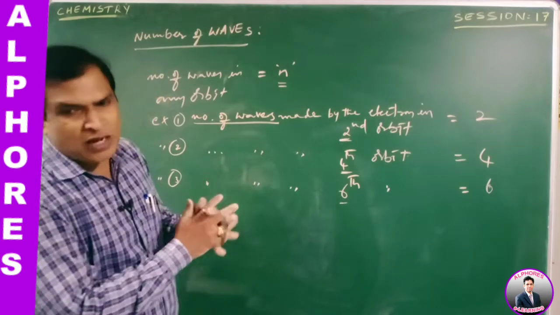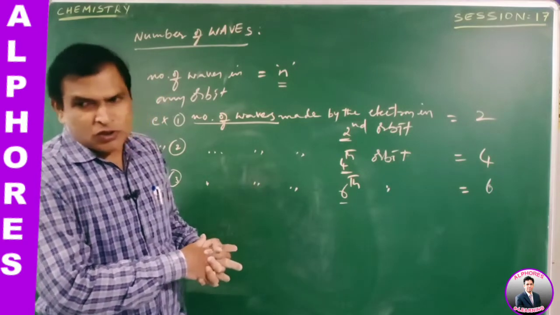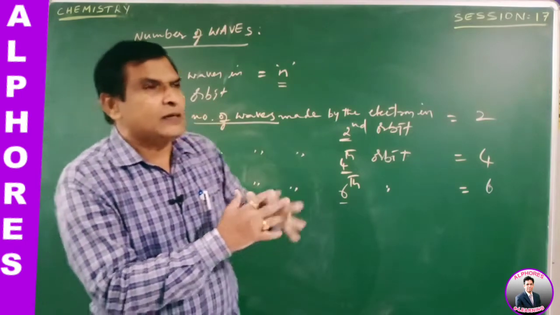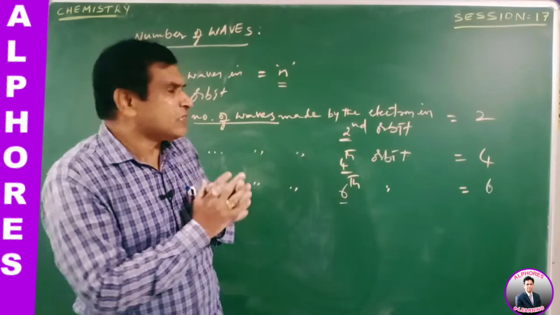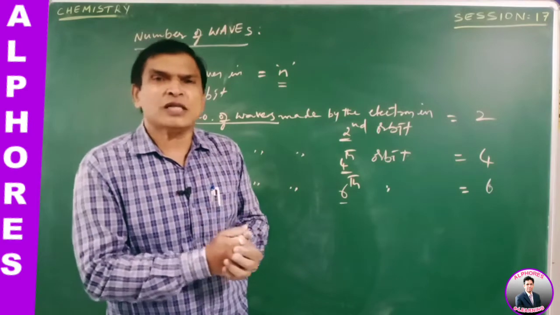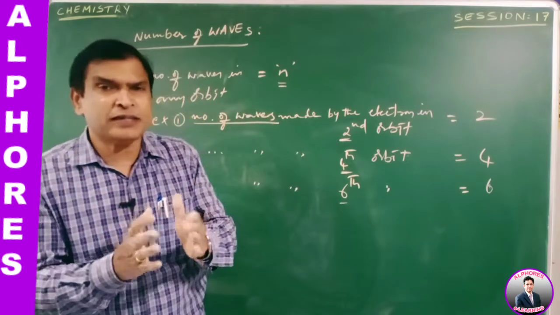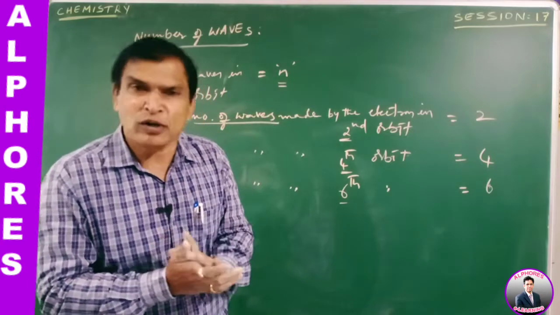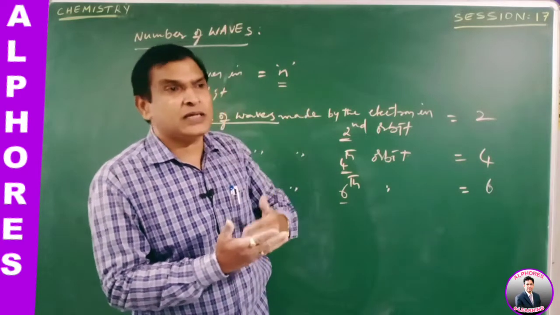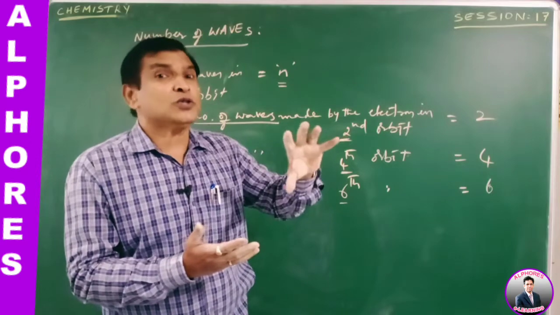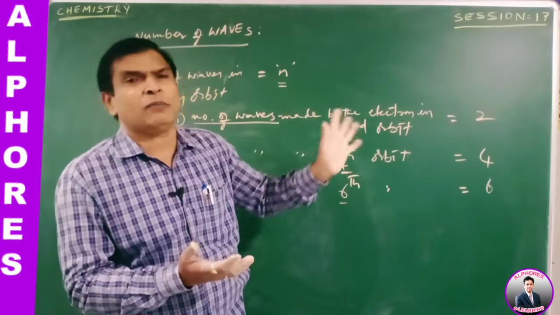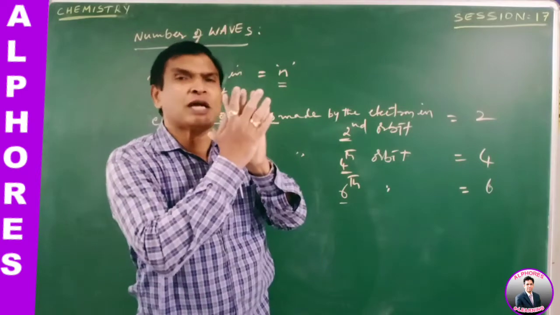Shall we go into the next concept? With this, Bohr's theory is completed. Totally. Because in Bohr's theory, what are the concepts we completed? First we observed the important postulates of Bohr's atomic model, and from that we derived the equation to calculate the radius of the nth orbit of any species which contains one electron.